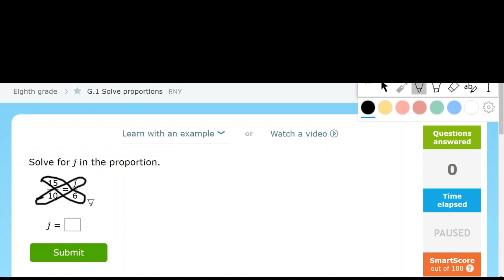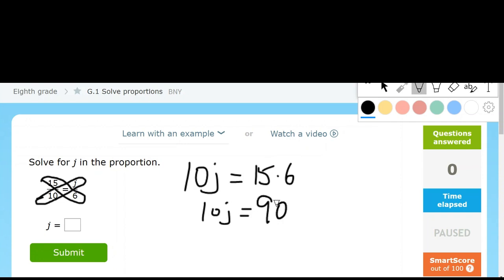So in this case, we have 10 times j. That gives us 10j. And then we're going to put an equal sign in between. And then we have 15 times 6. If we multiply it out, we get 10j equals 90.